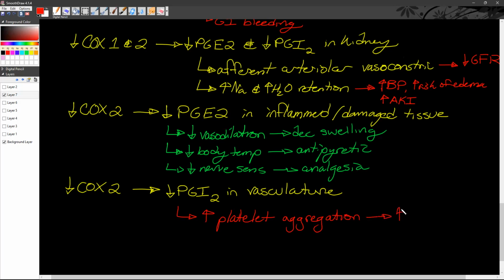And the risk of this is, of course, that we have an increased risk of stroke and MI.